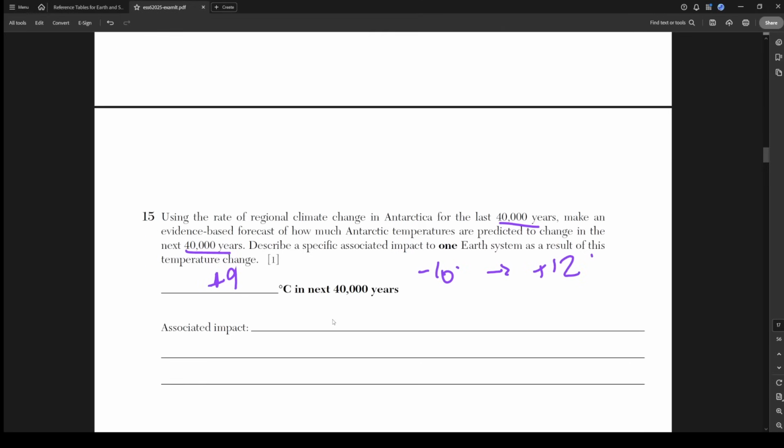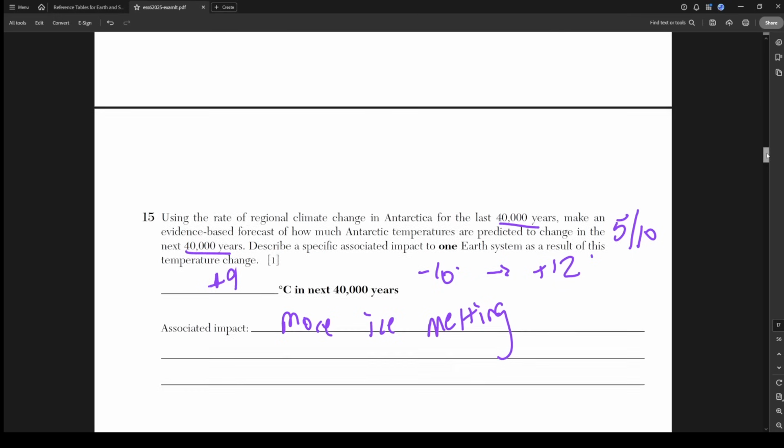And if it's going to warm, the associated impact of that is going to be more ice melting. You could have also, if you had a decrease in temperature, said more ice is going to form. So depending on what you wrote, that could be fine. So based on them giving such a wide range of acceptability to this one, I'm going to say this one's a 5 out of 10. But you have to be able to look at a chart.